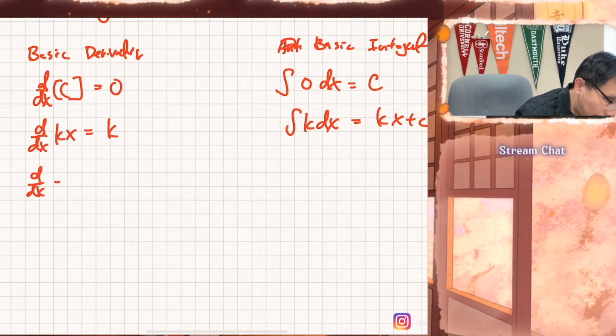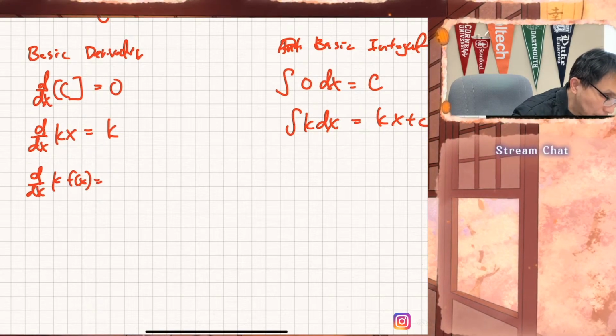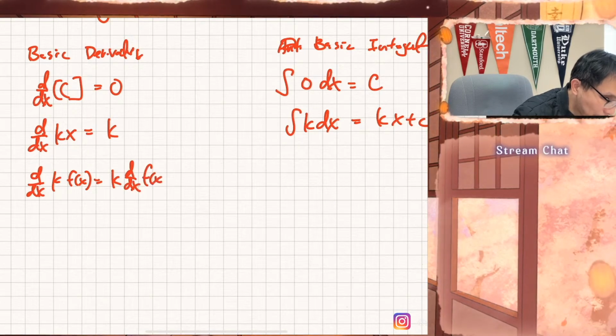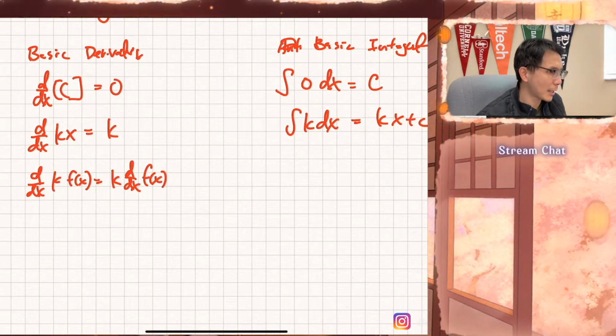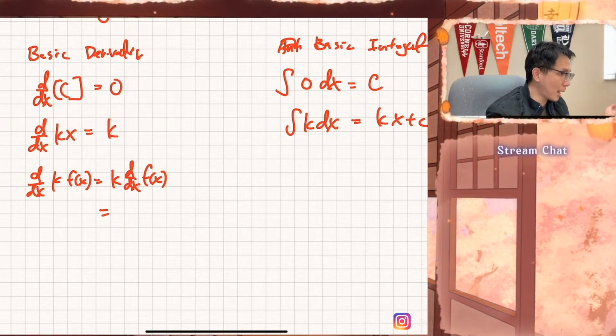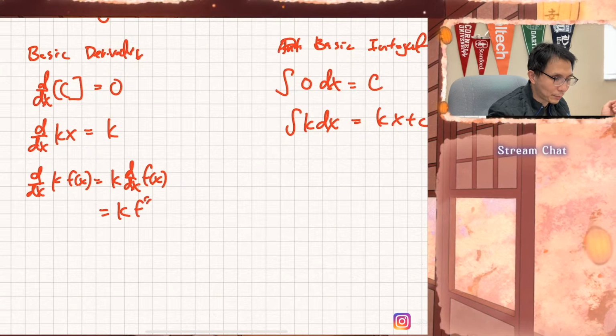The derivative of k f(x) is equal to, well, we can take a k in the front, k times d/dx of f(x). Does that make sense? I can take a k outside, just like we would take a derivative of 2x squared, we take a 2 outside and just take the derivative of x squared. So the derivative of k f(x) is k f prime of x.